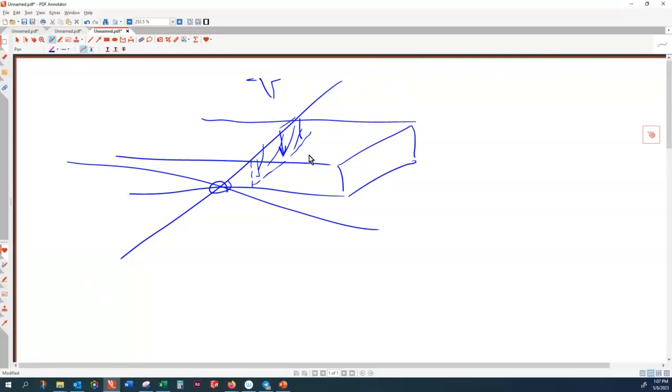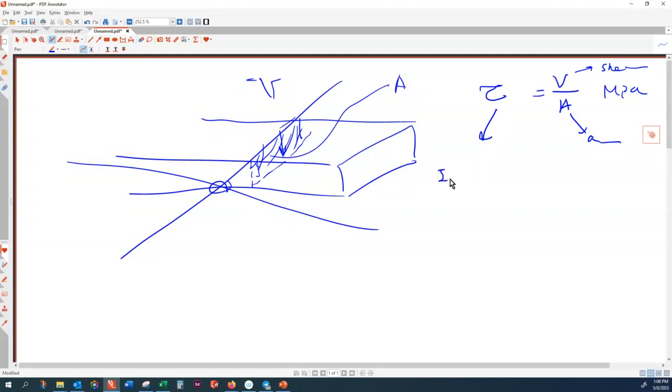So this force V is coplanar with this area A. So here my stress would be V divided by A, but because they are coplanar, I show that with the Greek letter tau. The unit is megapascal or pascal, but the symbol is tau. This is the shear force. This is the area, and that's the shearing internal stress, internal shear stress.